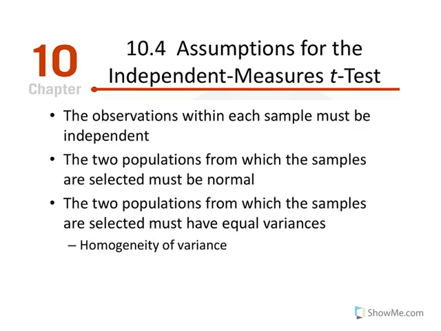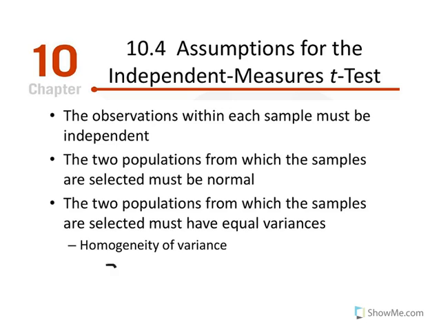So when the two sample variances are reasonably close, you can conclude that the homogeneity assumption has been satisfied, and that you can proceed with the hypothesis test for two independent sample means.